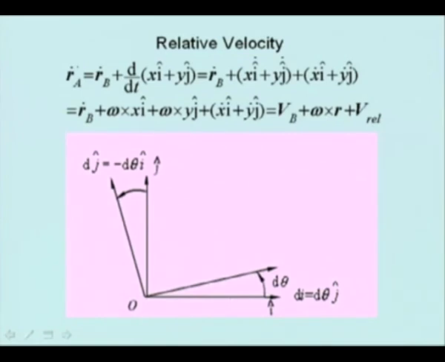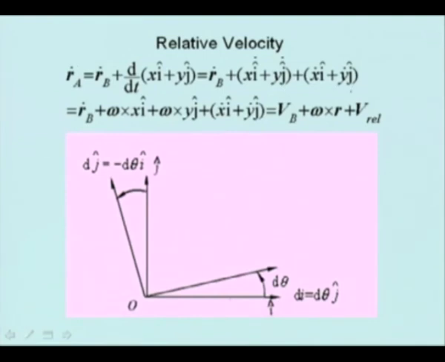Differentiating xi, we get x times i dot plus x dot times i, and then y times j dot plus y dot times j.